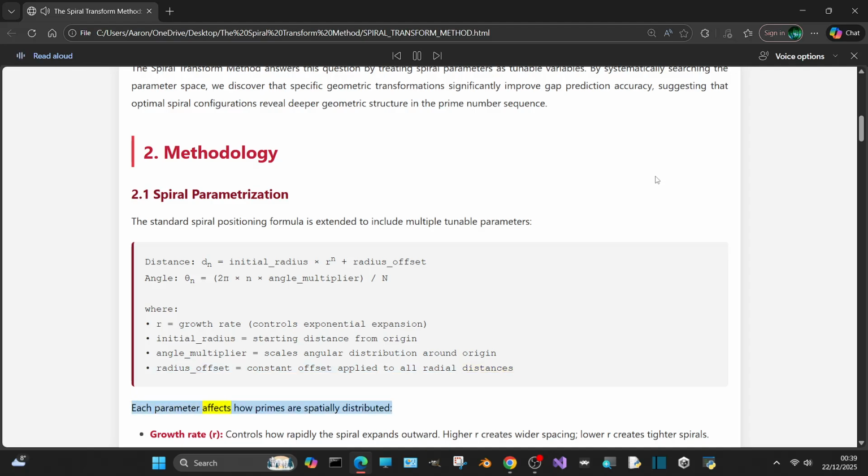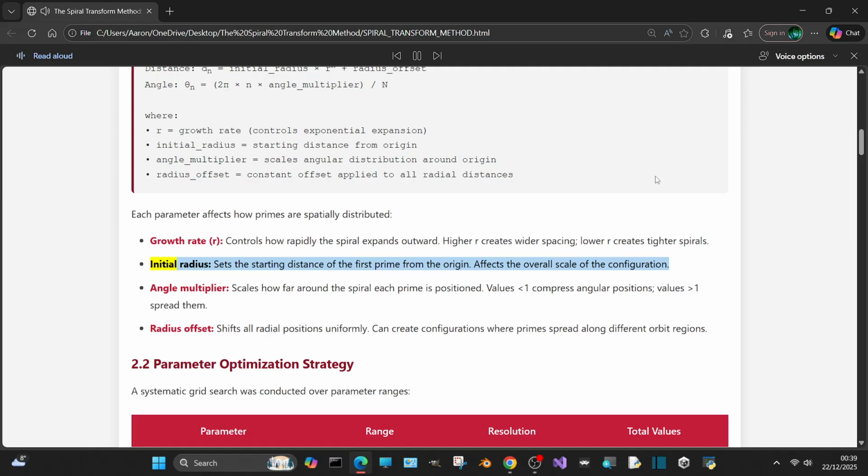Each parameter affects how primes are spatially distributed. Growth rate controls how rapidly the spiral expands outward. Higher r creates wider spacing, lower r creates tighter spirals. Initial radius sets the starting distance of the first prime from the origin. It affects the overall scale of the configuration.